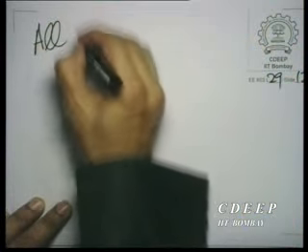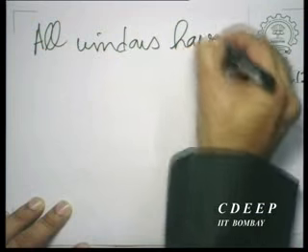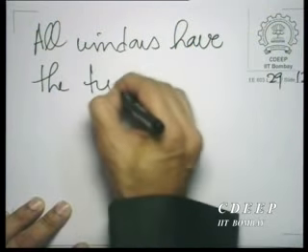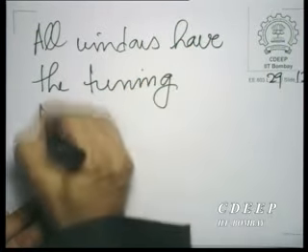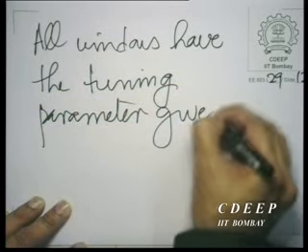And the beauty about the Kaiser window is that it has two tuning parameters. Of course, all windows have one tuning parameter. That is the length, right? So let's write that down. All windows have the tuning parameter given by the window length.